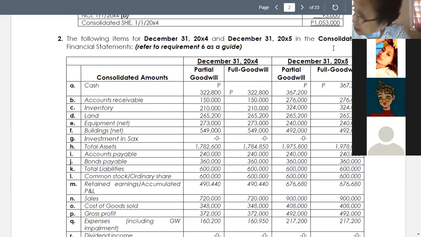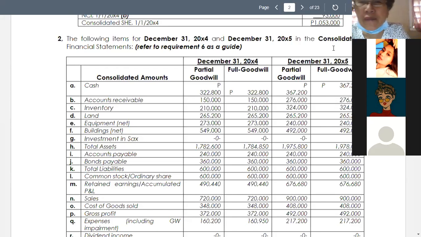For accounts receivable, we have 90 and 60. So you get 150. Now for inventory, we are adding the inventory of Pascal, which is 120,000, and that of Saks, which is 90,000. The 210,000, we have a debit to inventory for the increase in the value, comparing the fair value and the book value.